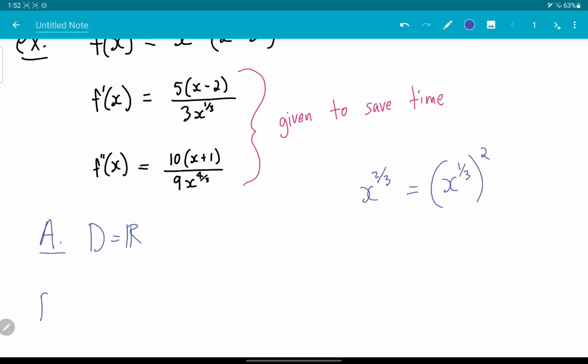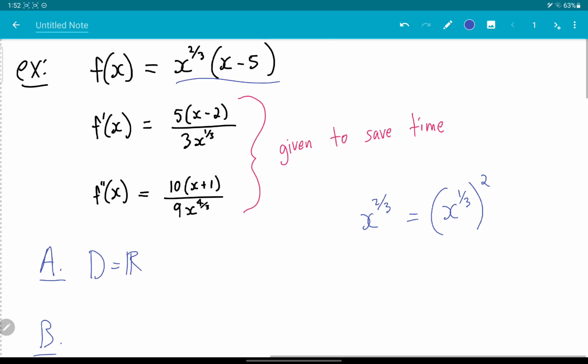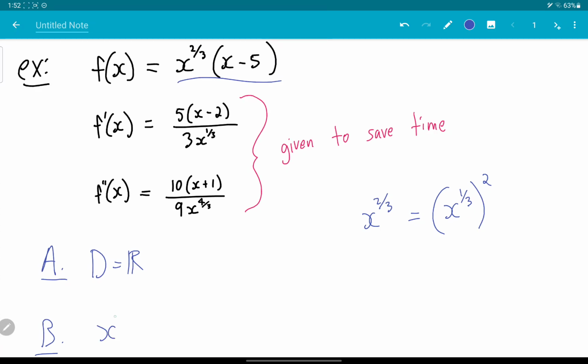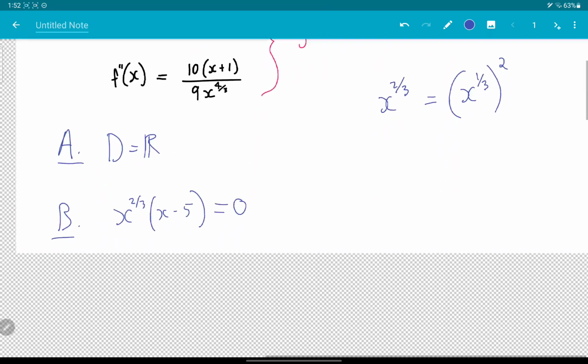B. Intercepts. So we take our function, set it equal to 0, to find the x intercepts, since y is 0.